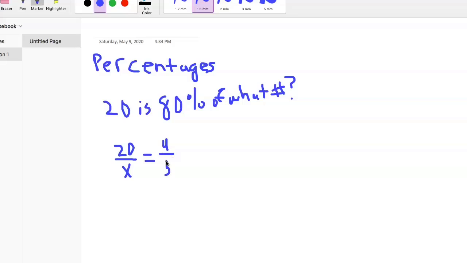Since we have a fraction on one side, we like to have one on the other. Once you've set that up, we can cross multiply: 4 times X equals 100. We divide by 4 on each side, and X is going to be 25.